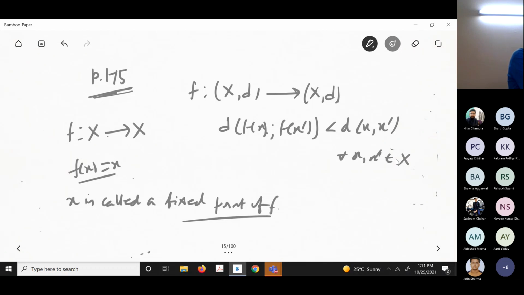Of course, you'll have to take x not equal to x prime, because if x equals x prime, then this will be the same, so this will be 0 and this will be 0. It won't be strict. Here I am saying strictly less than. Understand? So that's why you'll have to write x not equal to x prime. So this is called a contraction.